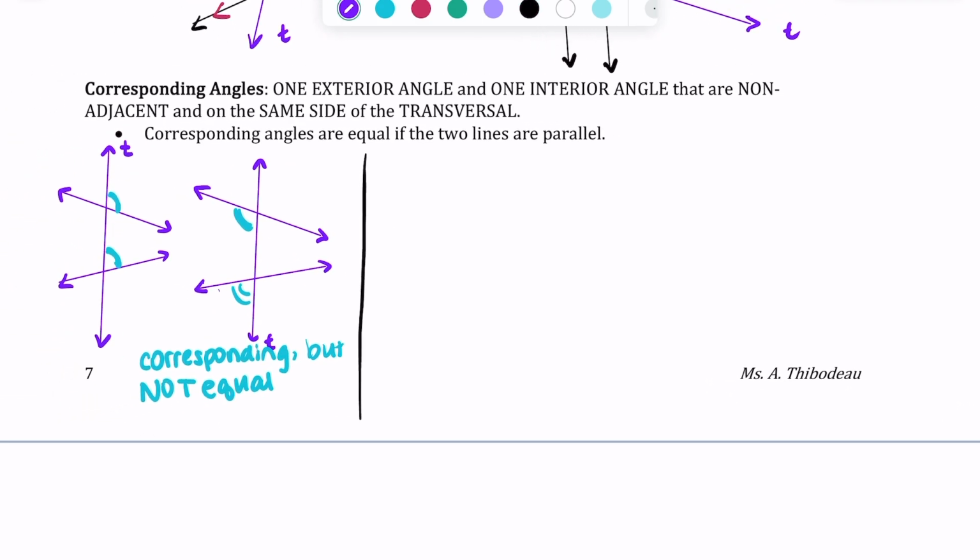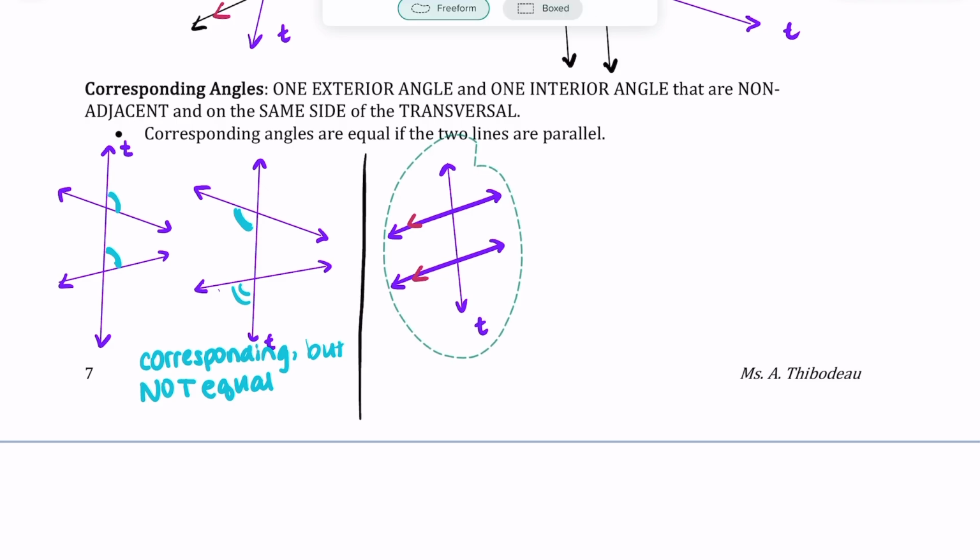And the diagram that we're going to draw is going to be of 2 parallel lines and a transversal. Okay, take some time and draw that diagram 4 separate times.